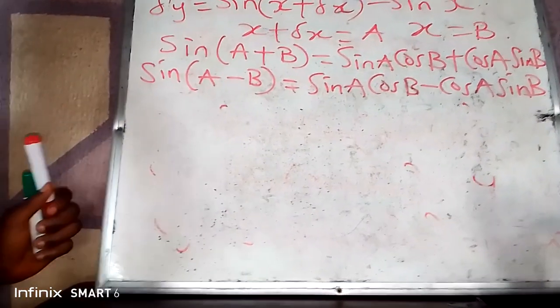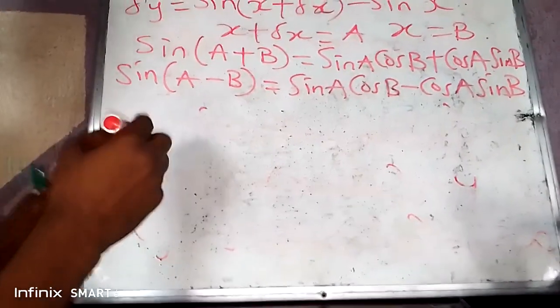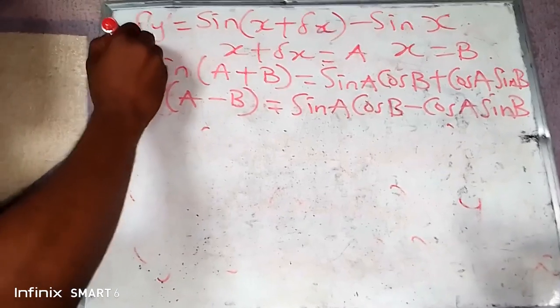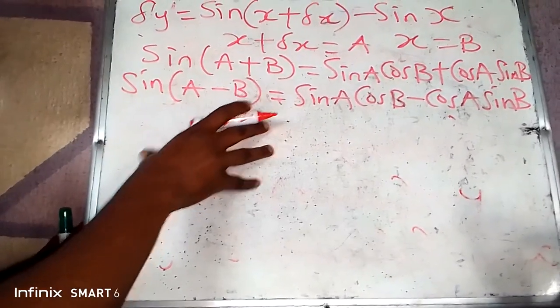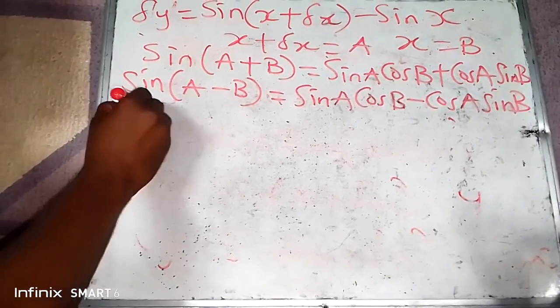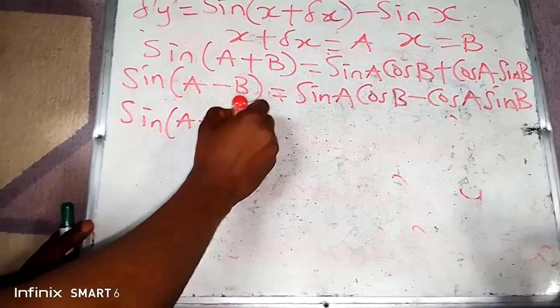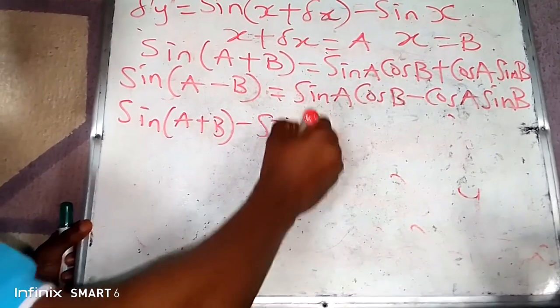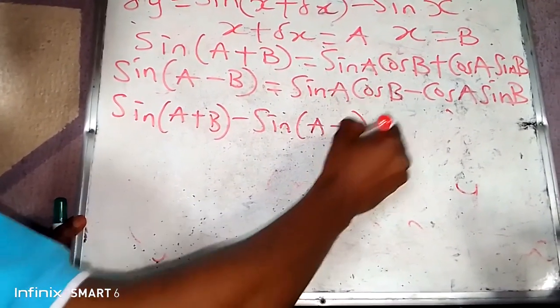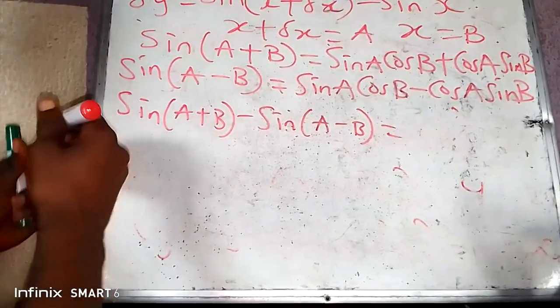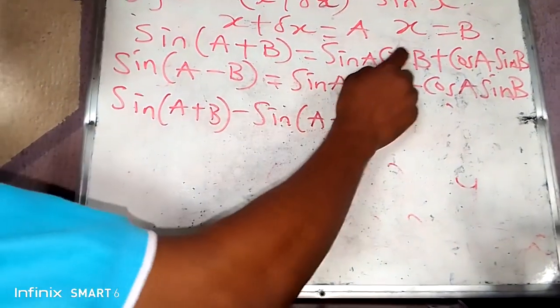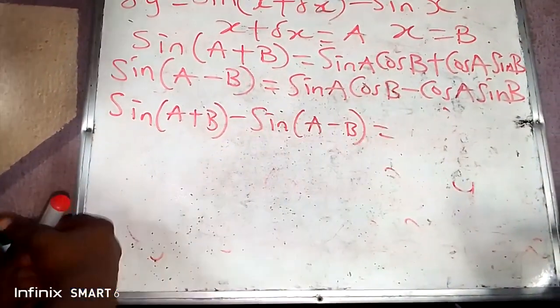Now after that, what do we have to do? We subtract. That means I want to subtract the two. That will be sin a plus b minus sin a minus b. Now if I subtract, sin a cos b will cancel sin a cos b.